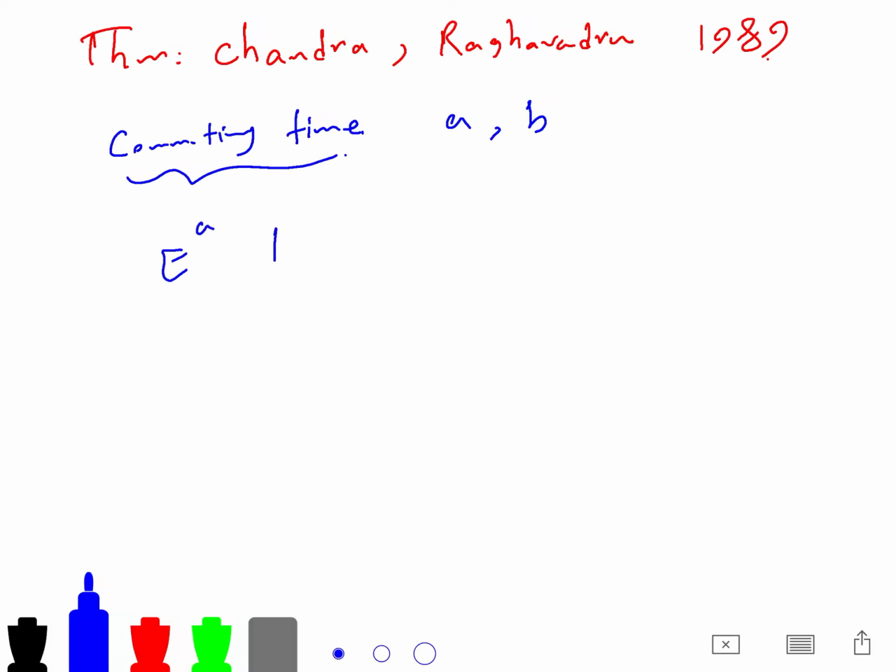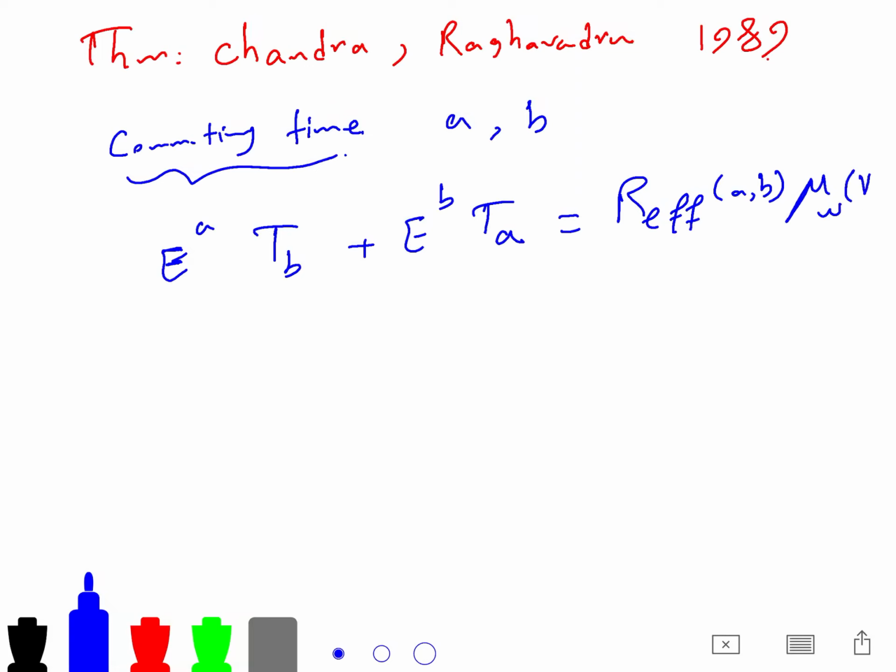I think I've talked about this: if you start from A, the time to hit B, plus if you start from B, the time to hit A, is equal to R effective of A and B times mu of V.